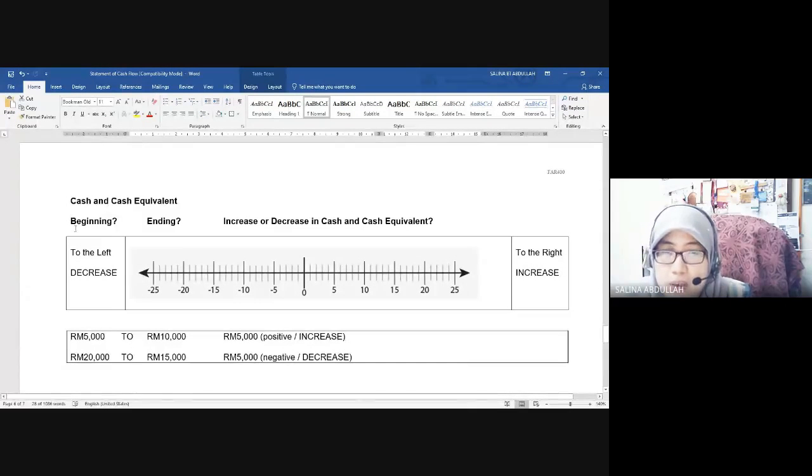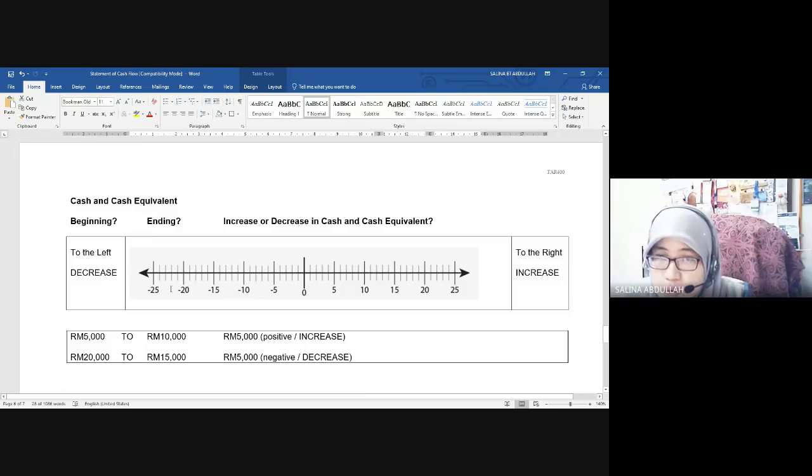Okay, I would like to explain again about this situation. When you compare beginning and ending, there will be either increase or decrease in cash and cash equivalent. Okay, let's take a look at this diagram. Can you see here we have 0, then on the right side is a positive figure, and on the left side it's a negative figure.